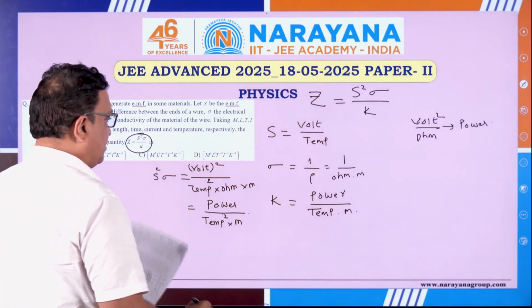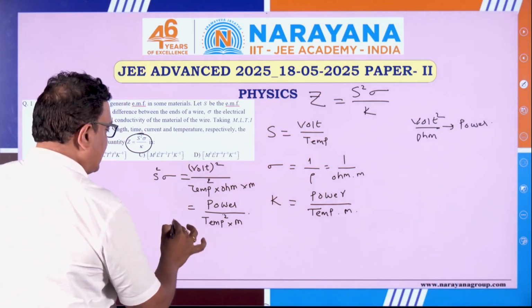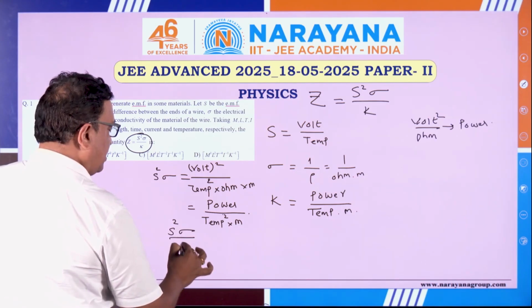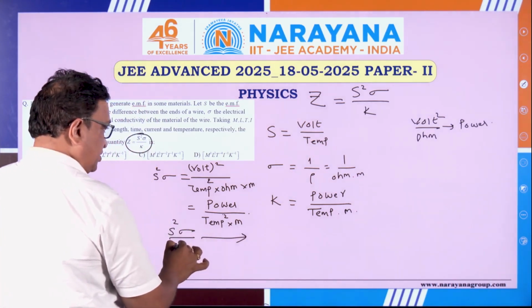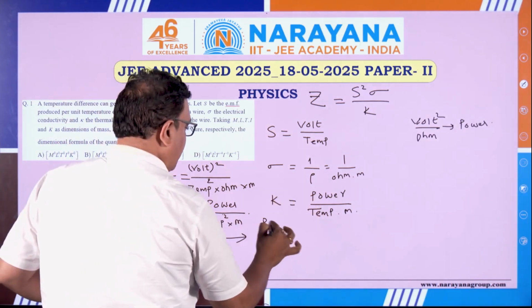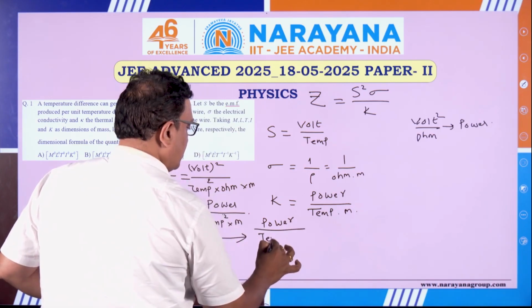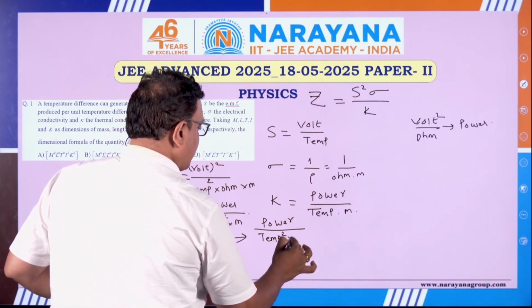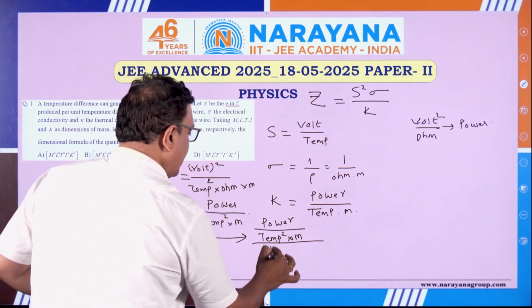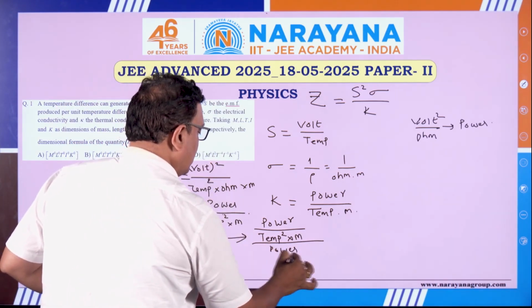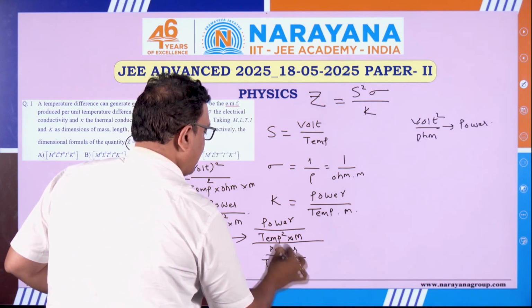So what is going to be the S square sigma by K term? Remember, this is power divided by temperature square into meter, divided by again power divided by temperature into meter.